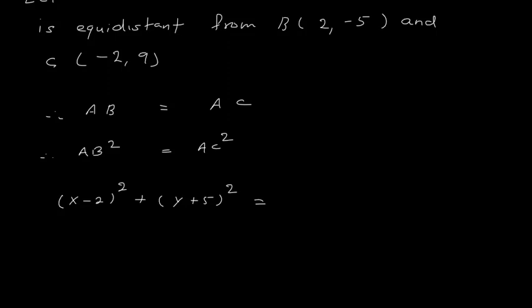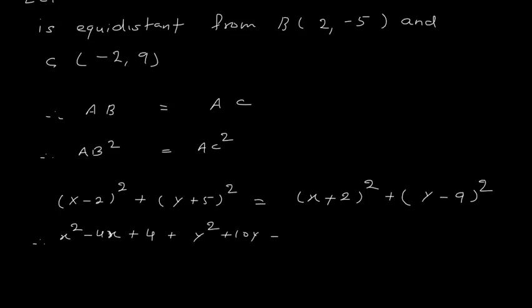So for AC square, again here it will be x plus 2 the whole square plus y minus 9 the whole square. So therefore here I will get x square minus 4x plus 4 plus y square plus 10y plus 25 is equals to, on this side we will get x square plus 4x plus 4 plus y square minus 18y plus 81.